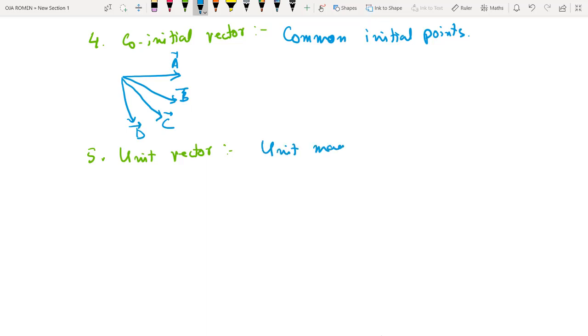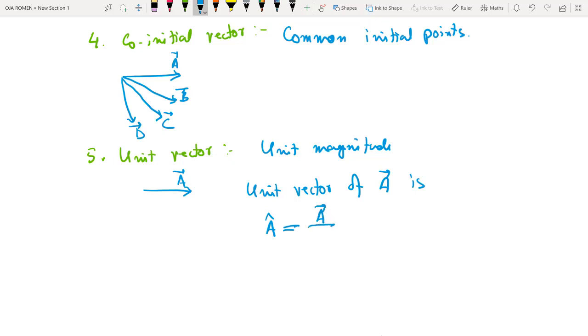So take a vector A; then the unit vector of A is A cap, equal to the vector divided by its magnitude. That is called a unit vector because it has unit magnitude.